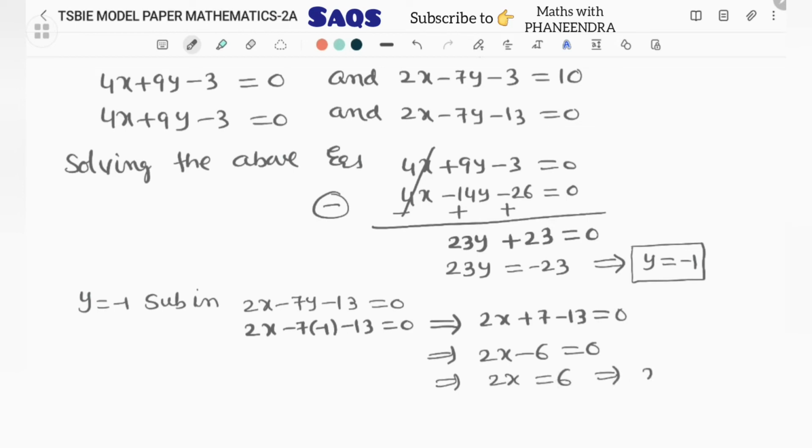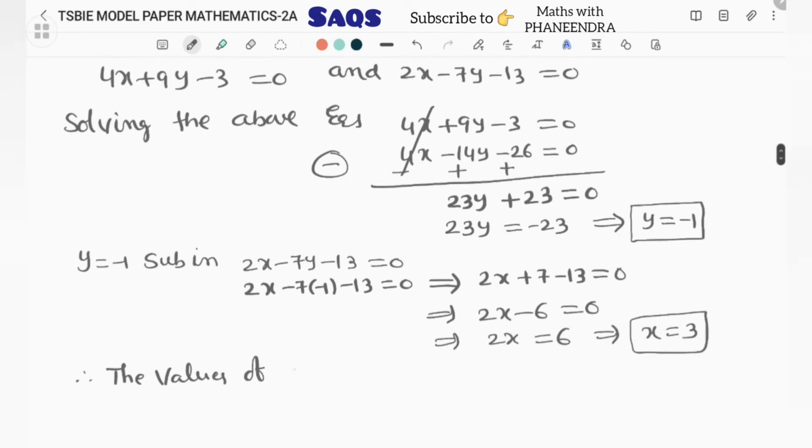That implies x is equal to 3. Therefore, the values of x and y are 3 and minus 1.